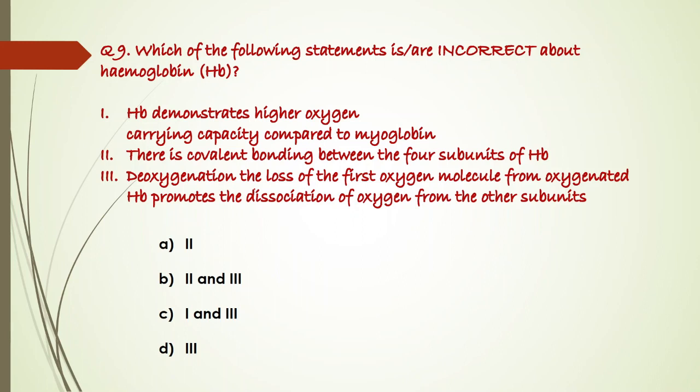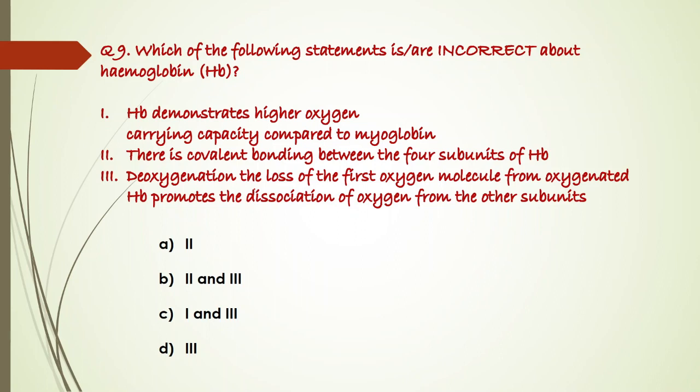Deoxygenation, the loss of the first oxygen molecule from oxygenated hemoglobin. The deoxygenation process is basically the removal or loss of the first oxygen molecule from the oxygenated hemoglobin protein. That promotes the dissociation of oxygen from the other subunits.